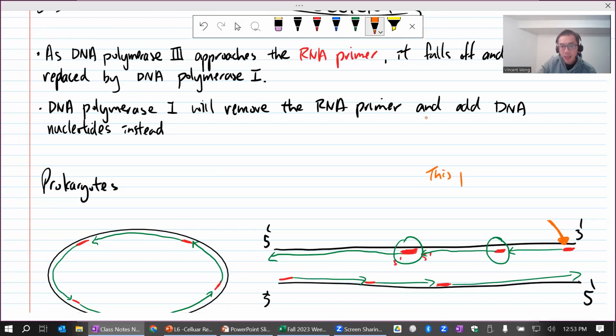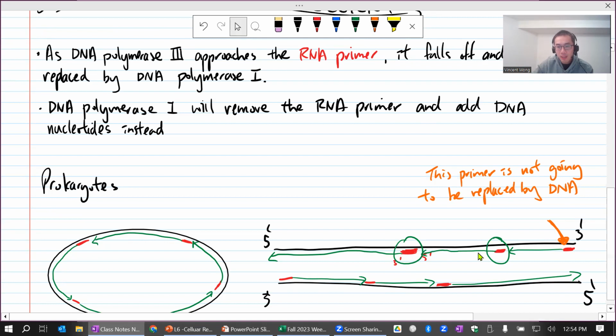This primer is not going to be replaced by DNA. Why not? Can someone please tell me why we can replace this with DNA, but not the one at the very end? What's the difference?